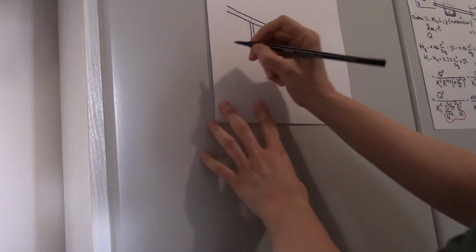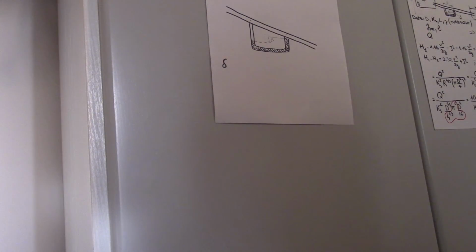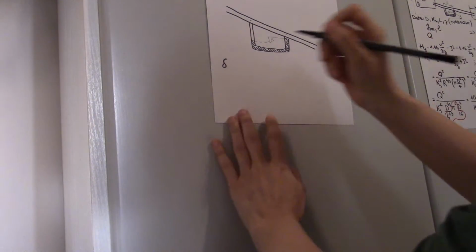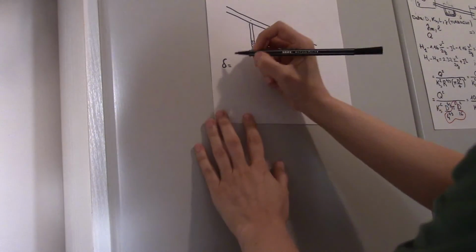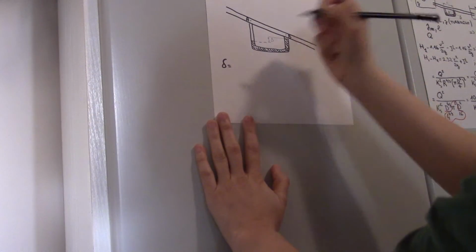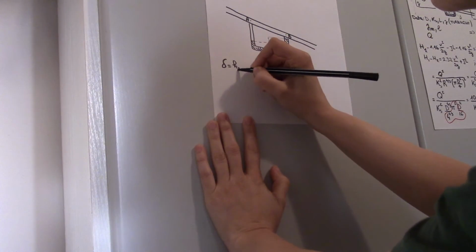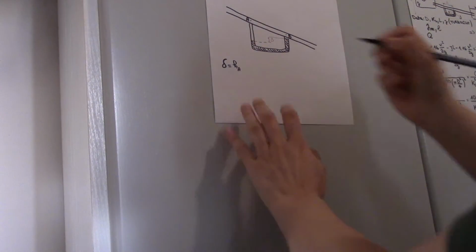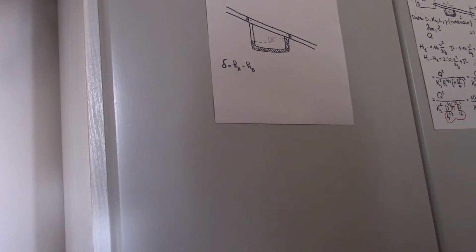There's a formula, and it's possible to compute it, but we won't see how, which gives you delta. If I call this point A and this point B, it is the piezometric head in A minus the piezometric head in point B.